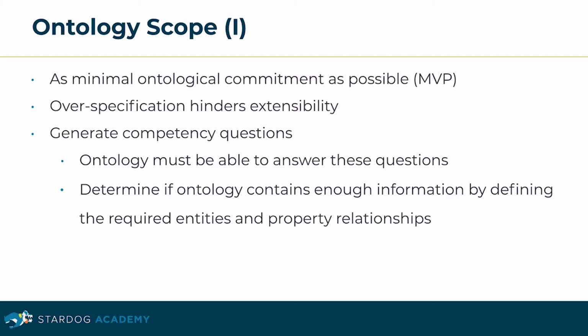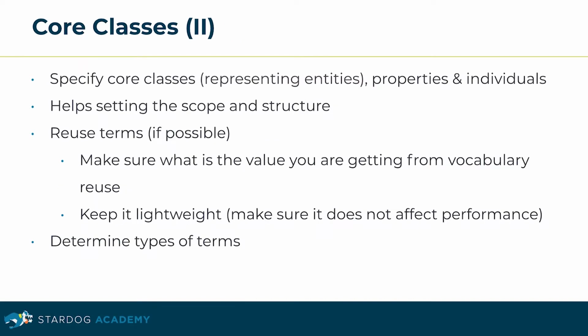Try to generate some competency key questions and validate whether your ontology model is able to answer these questions. Determine that by looking into whether the ontology contains enough information by defining the required entities and property relationships.